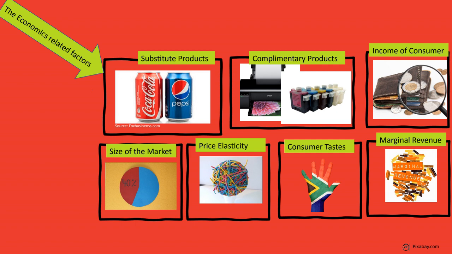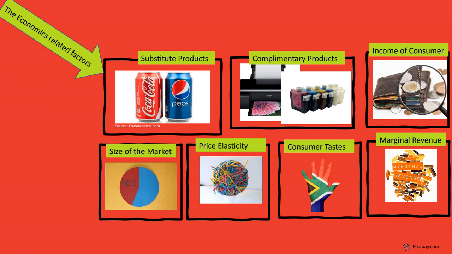Price is affected by consumer tastes and trends and how we behave. The concept of marginal revenue, which you also learn in economics. The income of consumers, and we can see how this is changing in South Africa at the moment. If we think about our disposable income, what we have to spend on a monthly basis, this is being squeezed and squeezed and squeezed thanks to inflation and interest rates and all the other prices out there in the market.